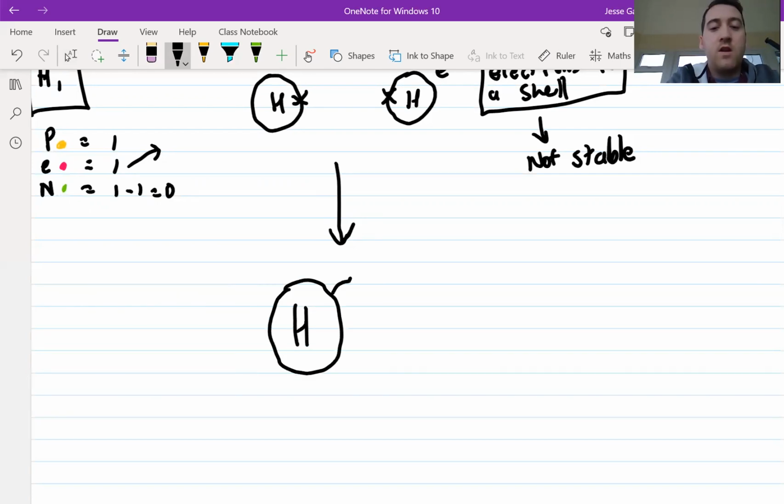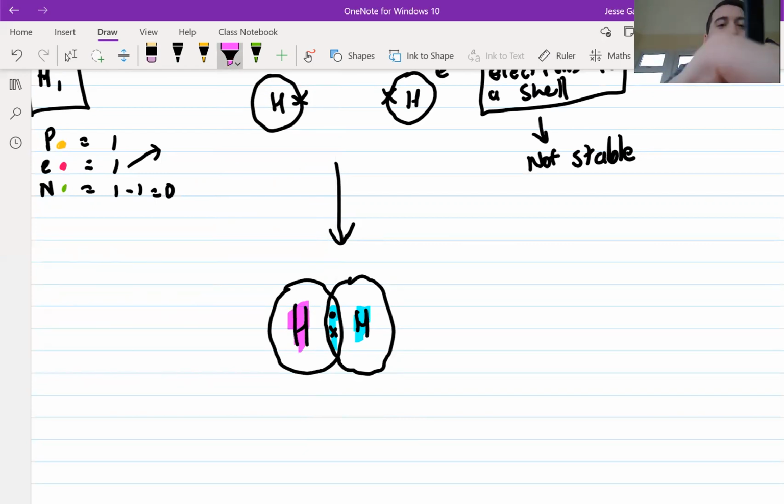The 2 atoms can overlap like this. They overlap, and in the middle, they share this pair of electrons. So here are the 2 hydrogen atoms, and they're sharing a pair of electrons. What does that mean? Well, they now have a share of both of them. So this atom in blue has a share of the 2, but this atom in pink also has a share of the 2.